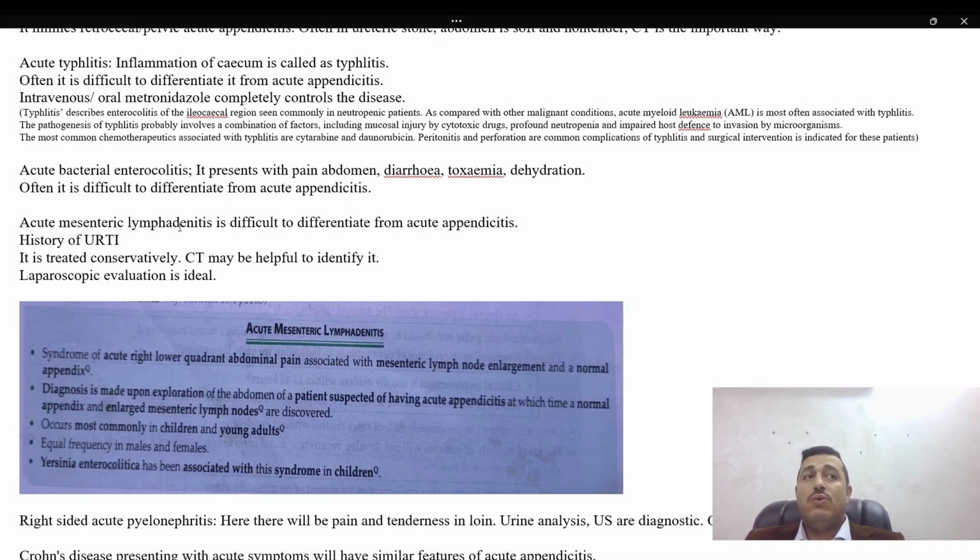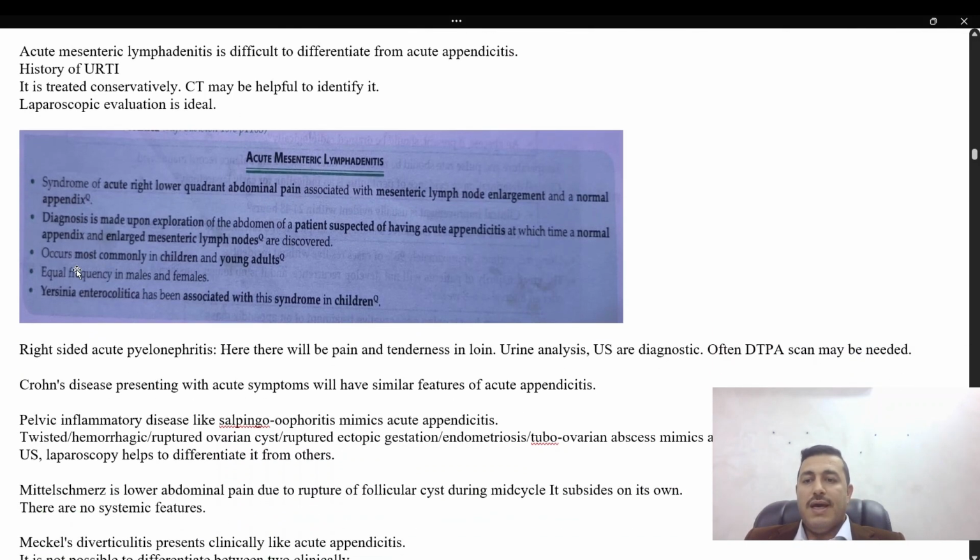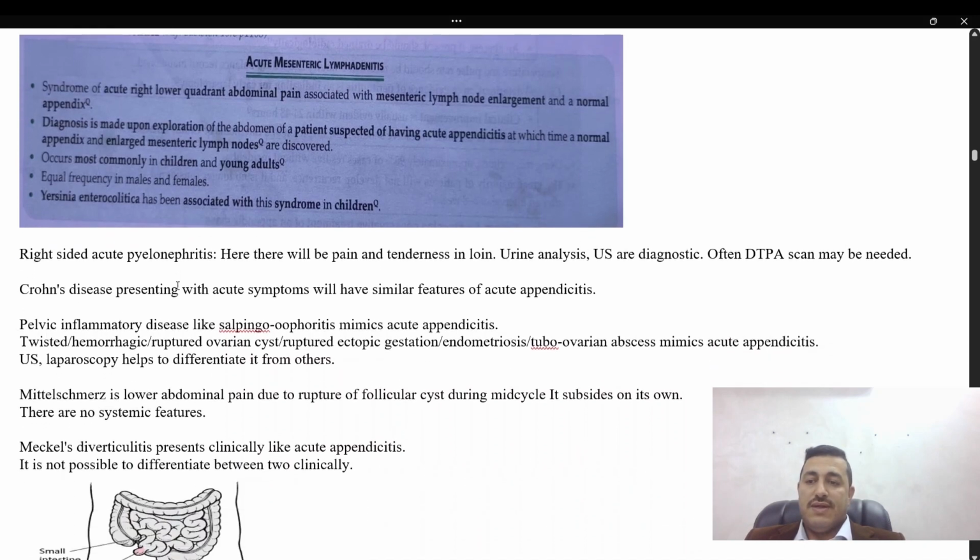If we investigate him, we will find multiple mesenteric lymph nodes, which leads us to the diagnosis of acute mesenteric lymphadenitis. It is acute right lower quadrant abdominal pain associated with mesenteric lymph node enlargement and a normal appendix. Yersinia enterocolitica is associated with the syndrome. Yersinia can cause acute mesenteric lymphadenitis, and the treatment is conservative.